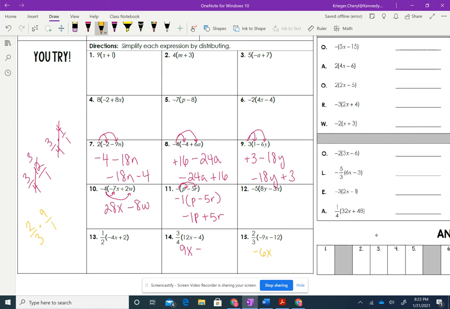If I reduce 9 divided by 3 and make it a 3, 2 times 3 is 6. Okay, so that's negative 6x. 12 divided by 3 times 2 is 8, and it's negative. Negative 6x minus 8. That's my fraction trick, and you can use it for number 13.